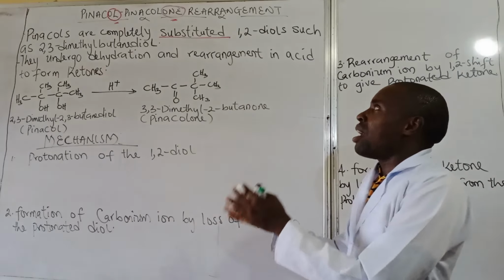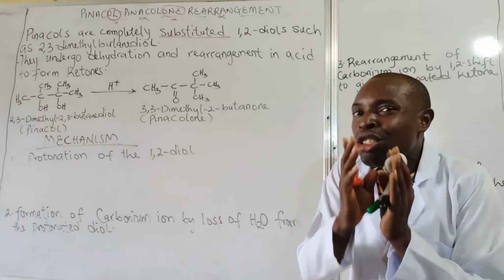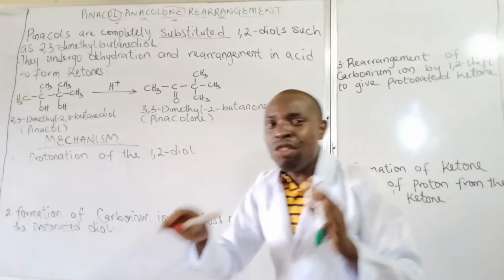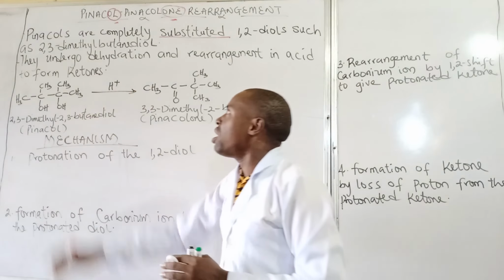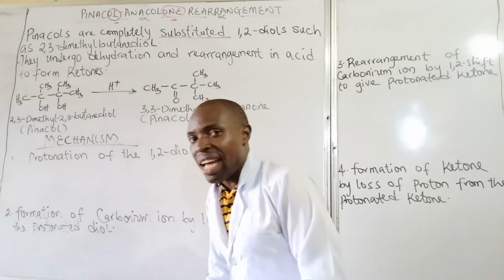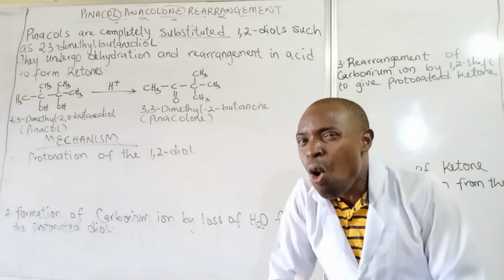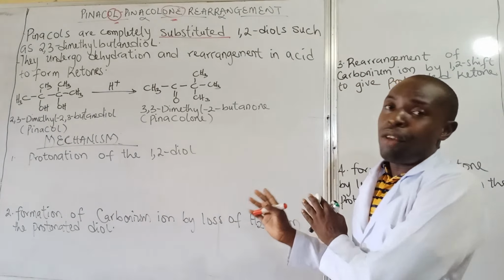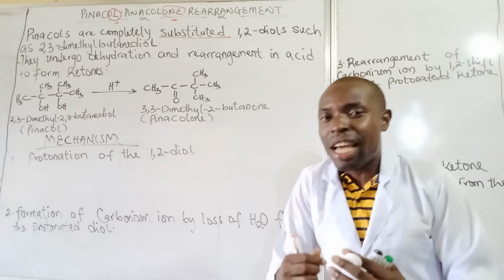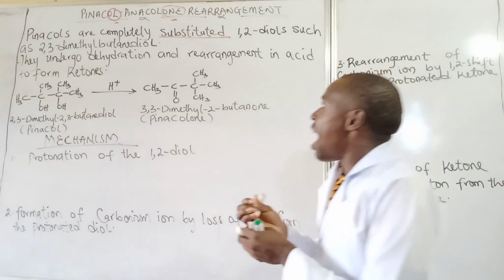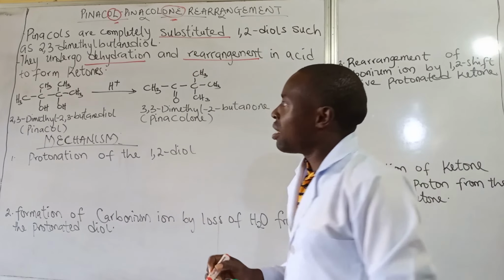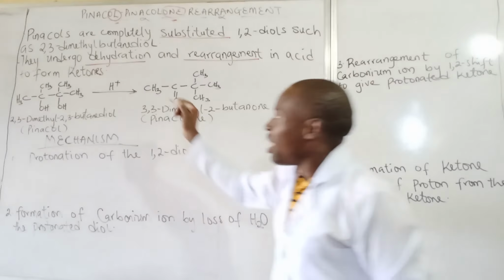Now, we have said that pinacols are completely substituted 1,2-diols. And a very good example that we'll be taking note of here is the 2,3-dimethyl butane diol. And we have said that a pinacol-pinacolone rearrangement simply involves dehydration. There are two things here that are worthy of note, and they are dehydration and rearrangement in acid to form what?